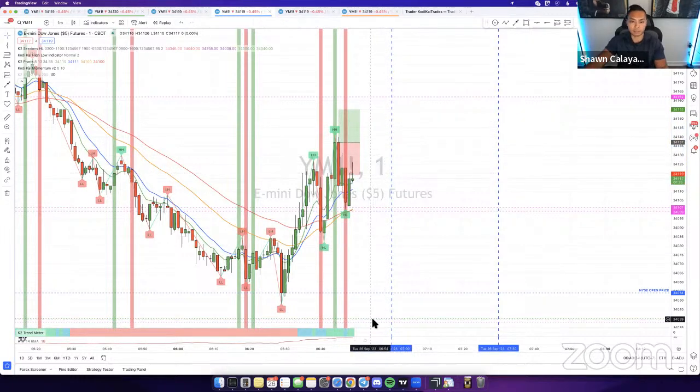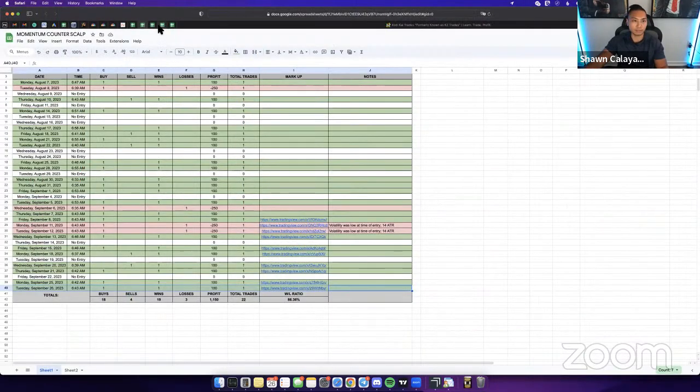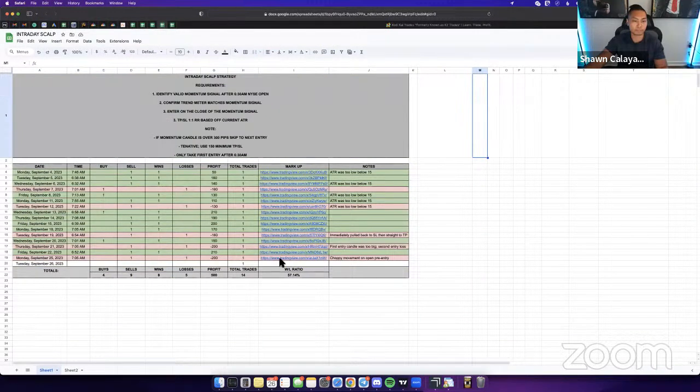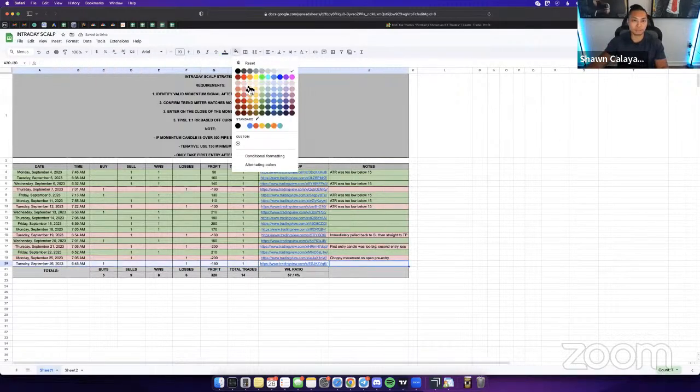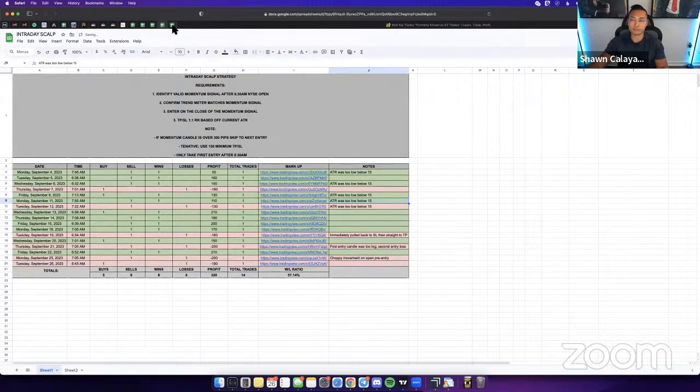So I'll mark that up and I'll put this in the data over here for the intraday scalp. The intraday scalp over here came up at about 645. It was a buy entry, loss, negative 180 pips. It's not a big loss, it's a small one because the ATR was currently at 18. All right, thanks for that.